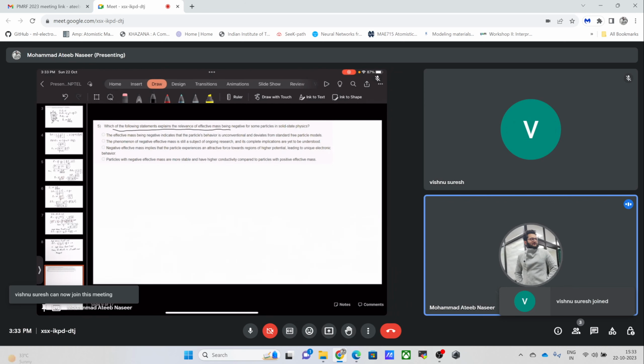So we have to see whether there is a certain quantity associated with this energy band structure that will help us obtain the information regarding this system.